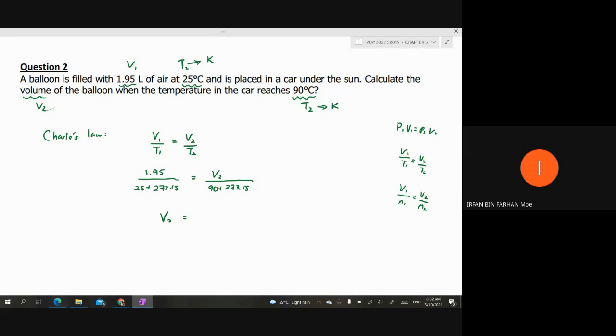So volume yang kedua dapat jawapan apa? 2.3751. 3741. Okay, so 38 liter. Liter normally we will do, but if you want to give 2375, no problem.